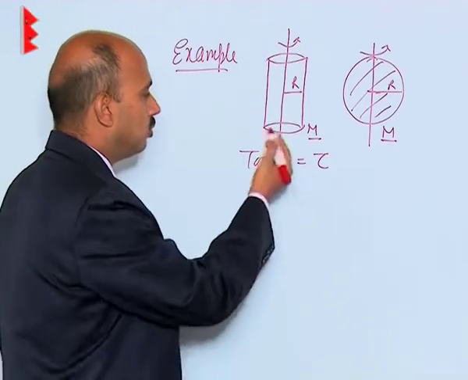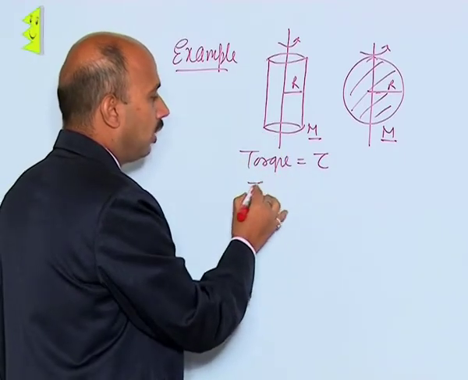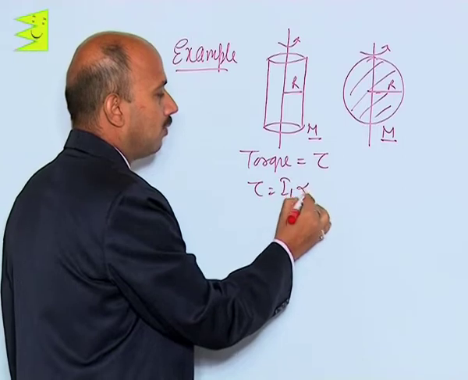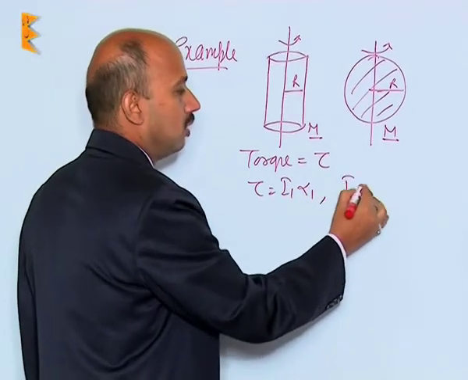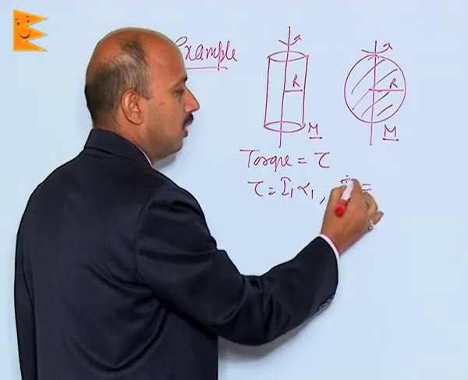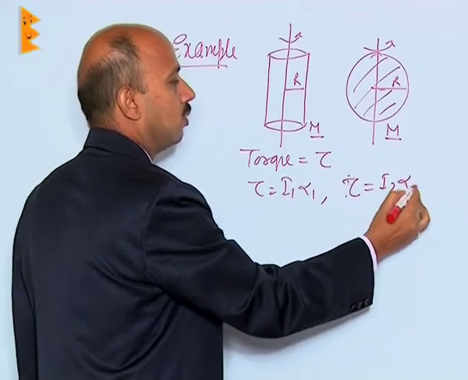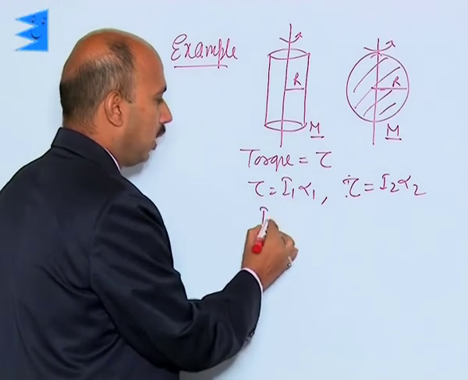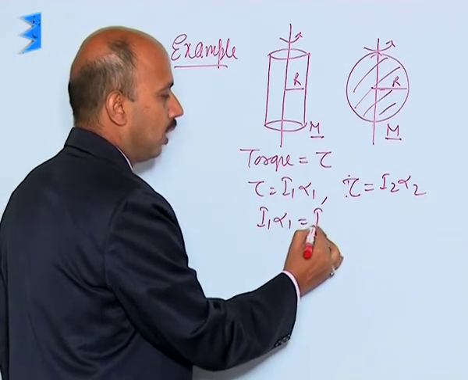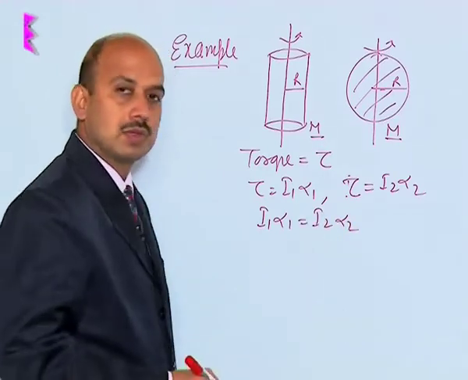So see here in this question, we know torque is equal to I1 alpha 1, and torque is equal to, for the sphere, I2 alpha 2. So I1 alpha 1 is equal to I2 alpha 2.